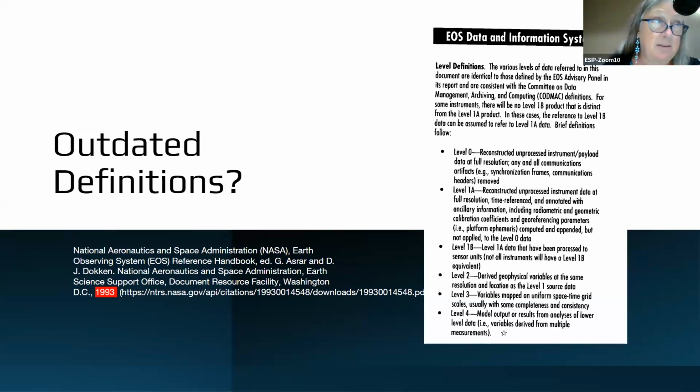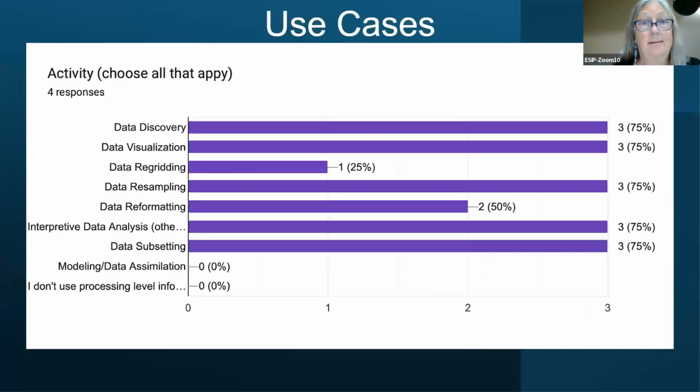These are exactly the same processing levels that we have today in the standard document. So it's possible that we're due for a review. And so, that's another reason that we are here. The ESCO team undertook a very informal survey of UWG members. We got a whopping 4 responses.